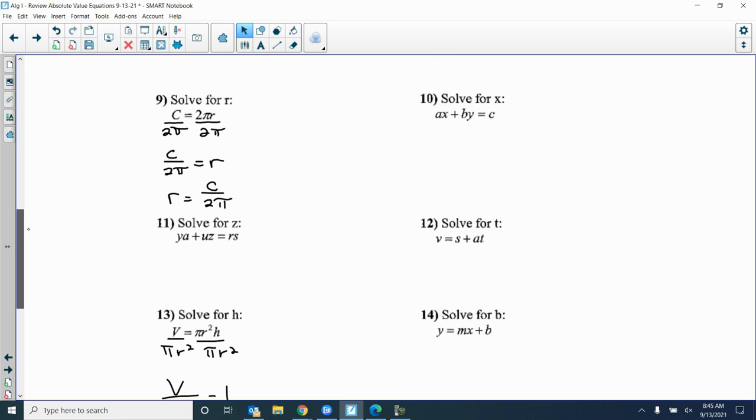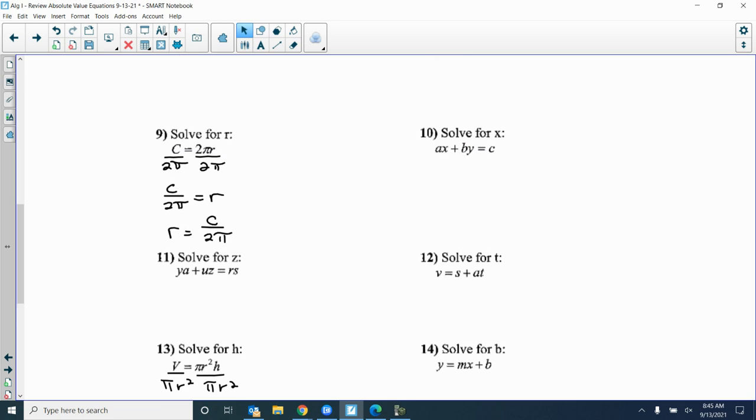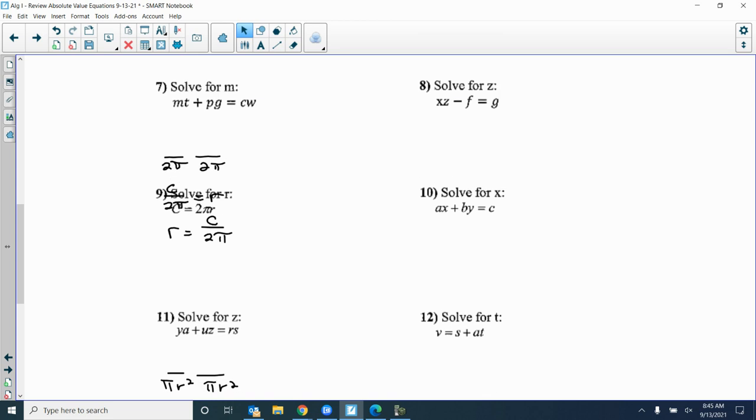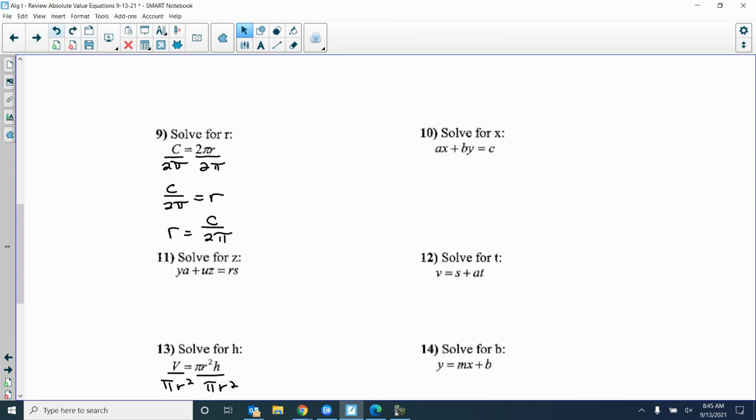Okay, when you have something like number 10, I'm sure there were a lot of mistakes on 10 and 11. That tends to be an issue. AX plus BY equals C. We're solving that for X. All right, what do you think? How do we solve that one for X? Diana, what do you think?